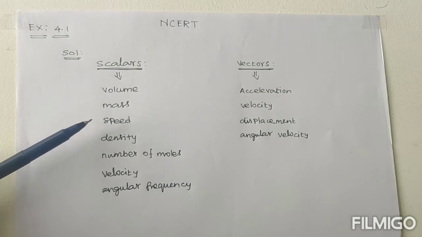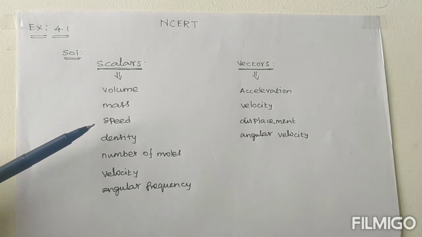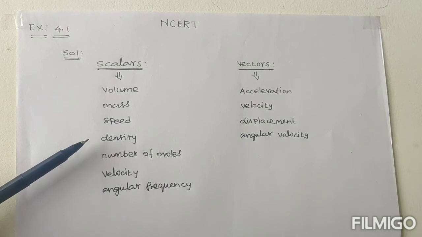And then speed. For example, the vehicle moving 50 km per hour, 2 meter per second. So we can mention only the magnitude without direction. So the speed is scalar quantity. Like that the density, you know, the density of water 1000 kilogram per meter cube.